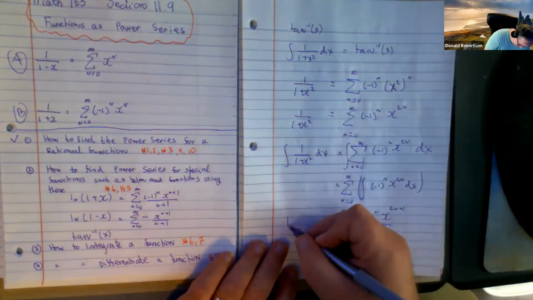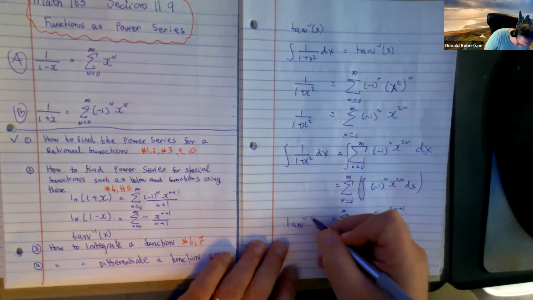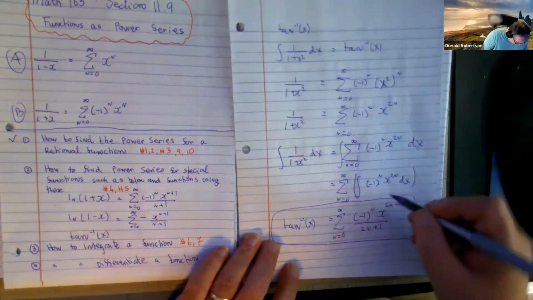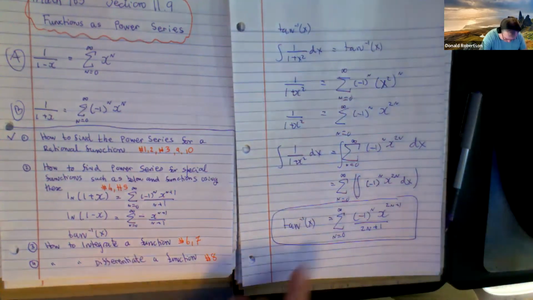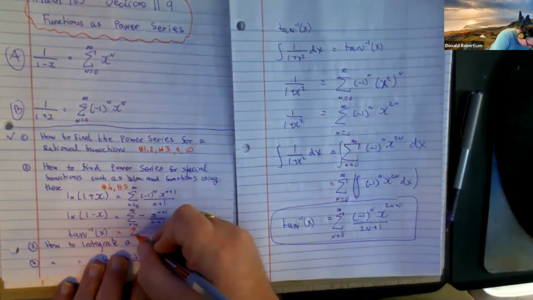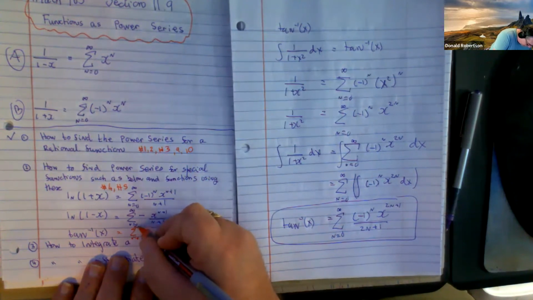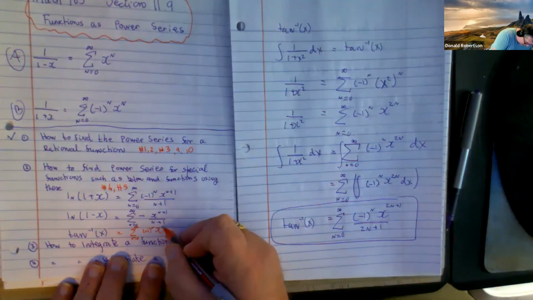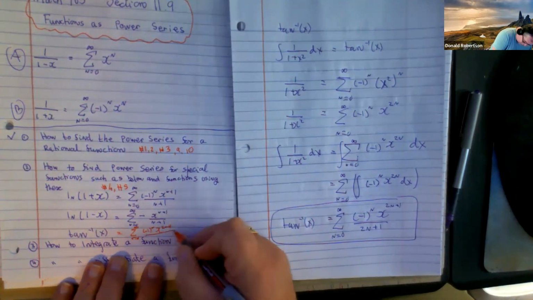This guy is the inverse tan. And there we go. We now know the power series for the inverse tan. So it's n equals 0, infinity, negative 1 to the n, x to the 2n plus 1 over 2n plus 1. Should have given ourselves more room here.